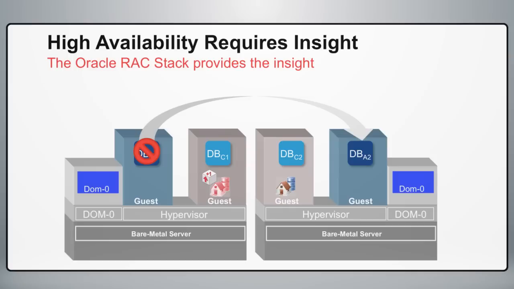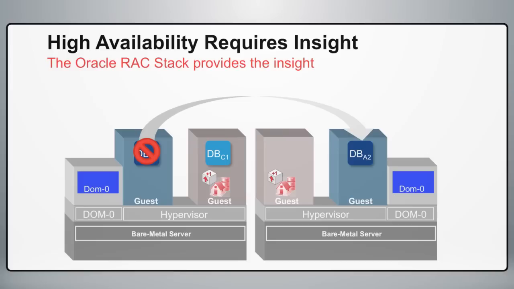Now if I have a RAC database, or for that matter a RAC One Node database, I can do this rolling across the nodes in the cluster. So in other words, here I have two instances that need to be patched, two homes that need to be patched, because the home is on a per node basis. So same applies. I take down my database C2, I patch the home on that node, and I bring it up.